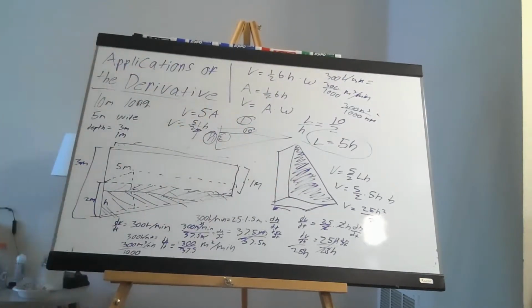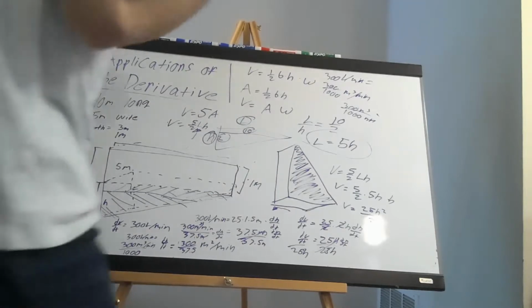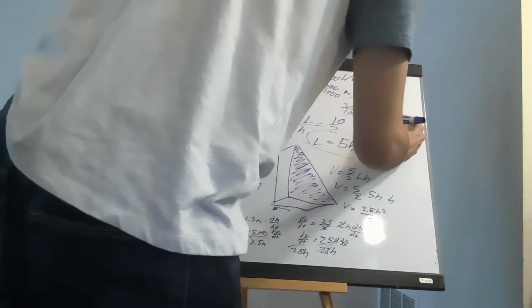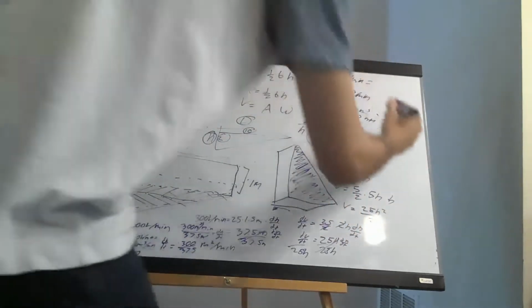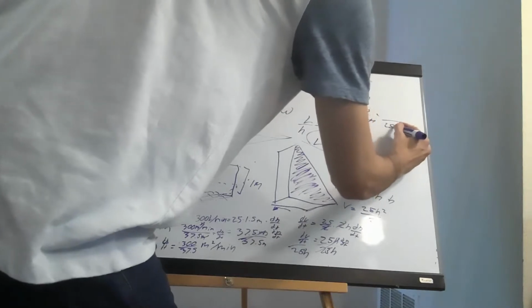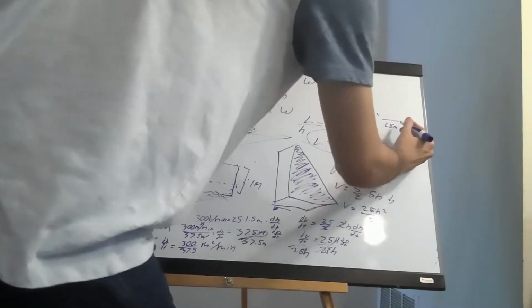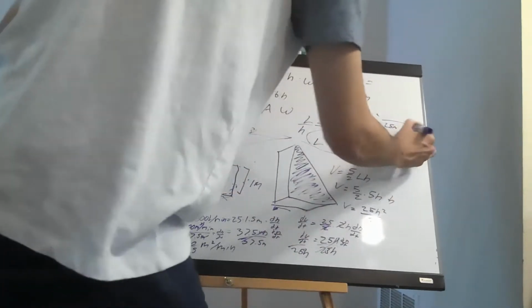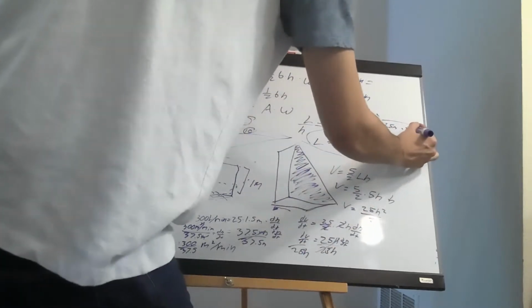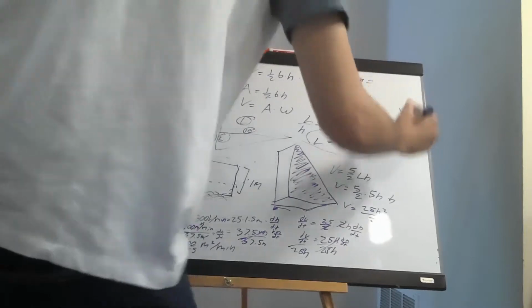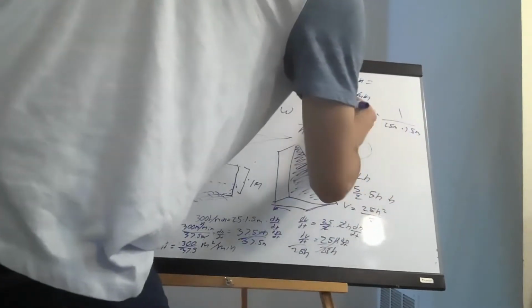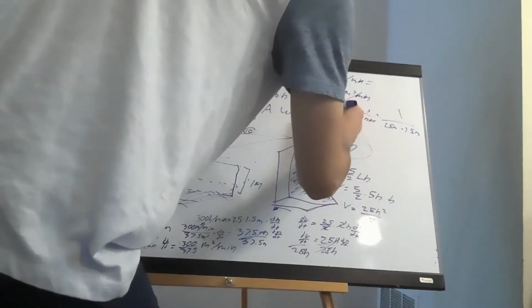So 25h: now we divide by 25 meters squared, 25 meters times 1.5 meters over 1, which is all equal to dH/dt.